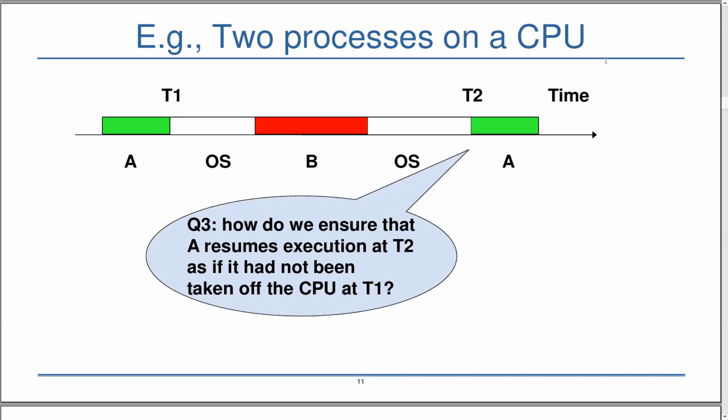Whenever you write your program, you don't think that it can be suspended at some point. You just write whatever you want to execute, and that's it. You don't even think that it can be overlapping with some other process and time sharing a CPU with it. So that's another question we want to answer. Somehow we have to resume the entire state so that the original process doesn't notice anything. Well, maybe unless it wants to measure CPU time or system time, but unless it's doing something really special, it won't notice that.